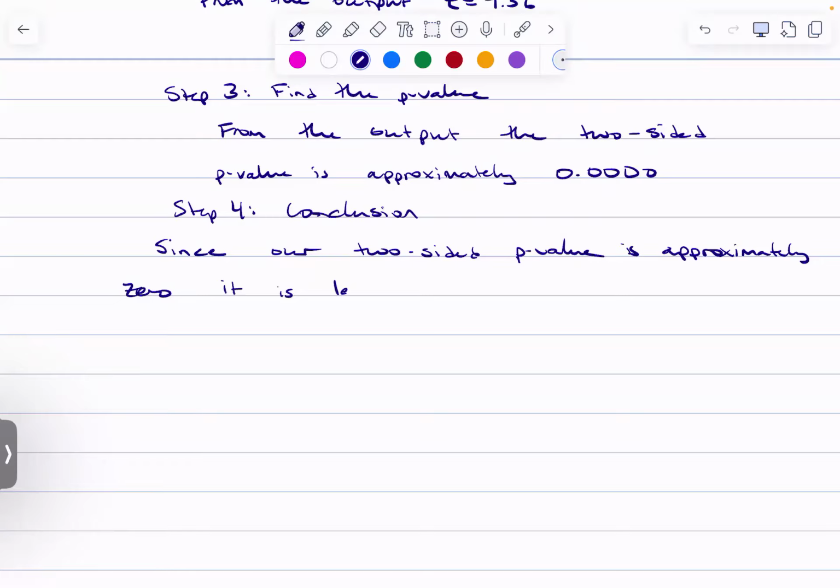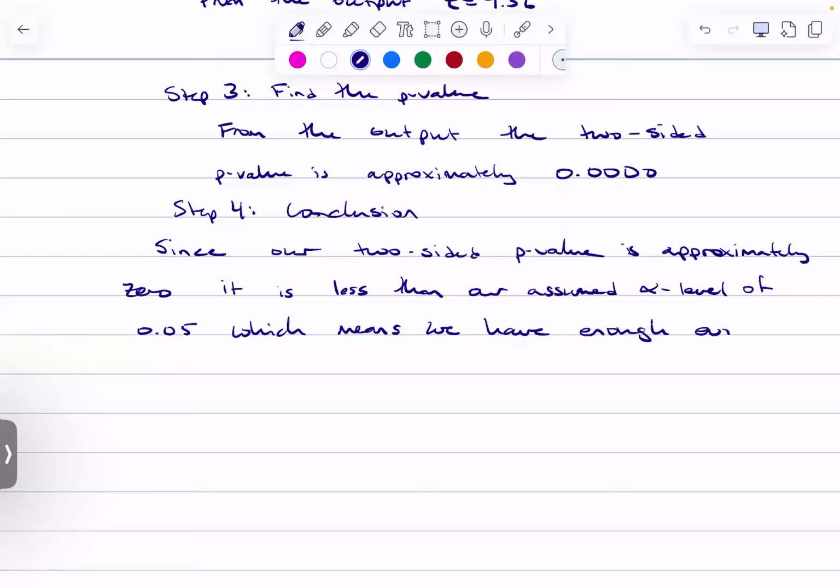It is less than our assumed alpha level of 0.05, which means we have enough evidence to reject H naught. And if you're rejecting it, you can say in favor of HA. You don't have to, if it bogs you down, but in favor of HA.